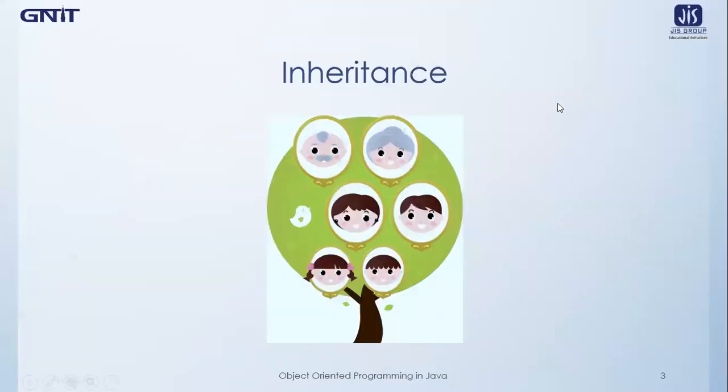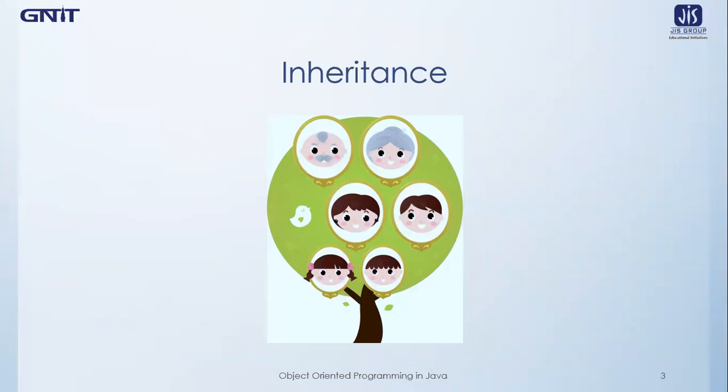So let us start by understanding the basic concept of inheritance. As you can see, there is a picture on screen which depicts the inheritance concept inside a family. As we all know, we inherit the properties or the characteristics of our parents. They have inherited the characteristics of their parents. Similarly, our children will inherit all the properties or characteristics from us, and this will go on.